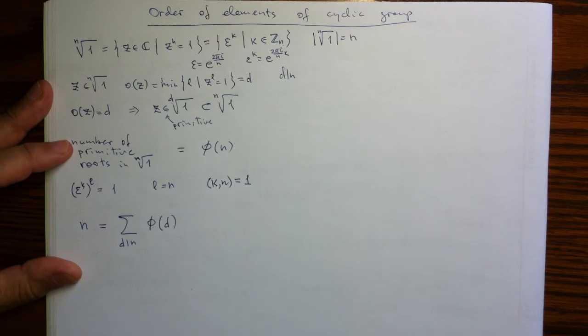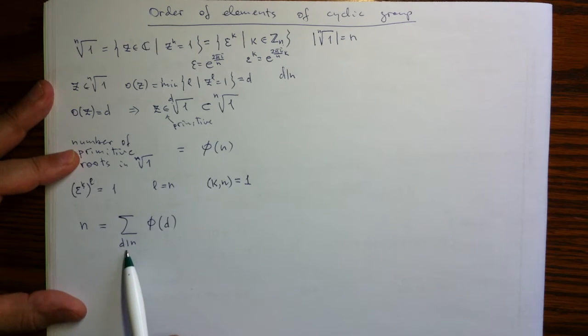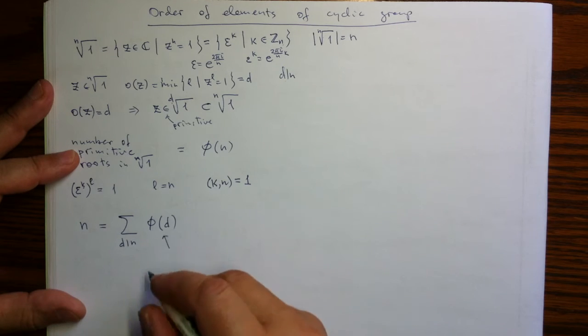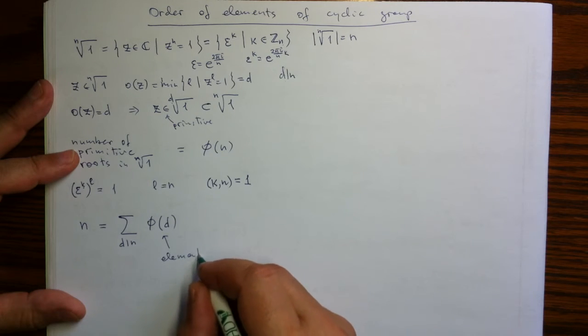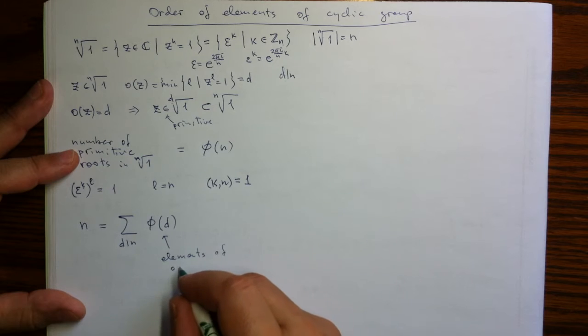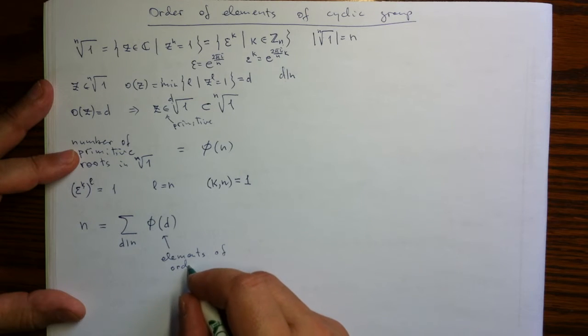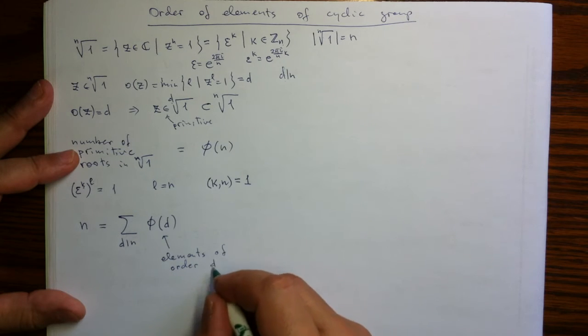And here we have the formula that the sum over all the divisors d of n of Euler's function of d is equal to n. So again, these are just the counts of elements of order d.